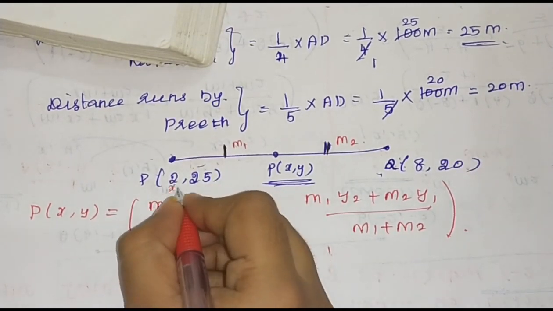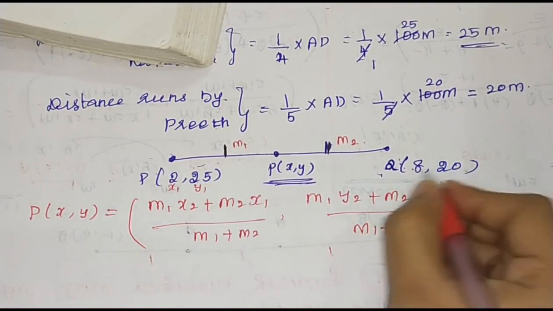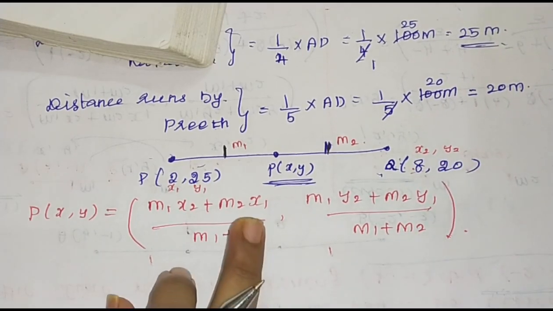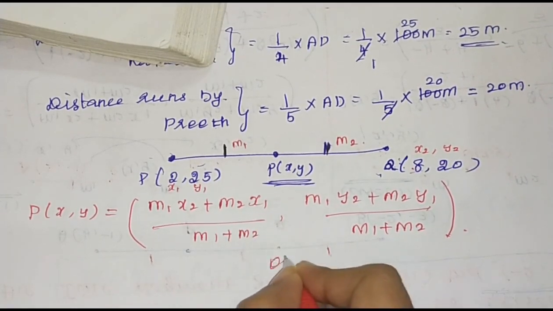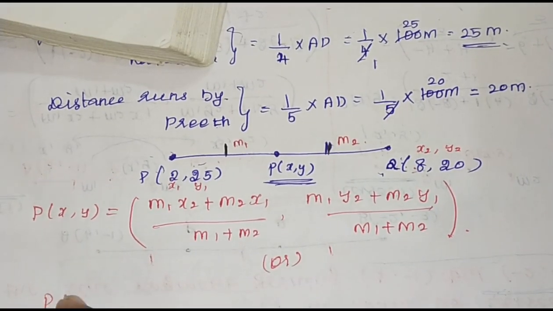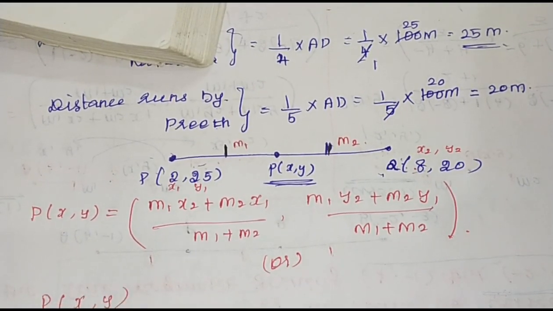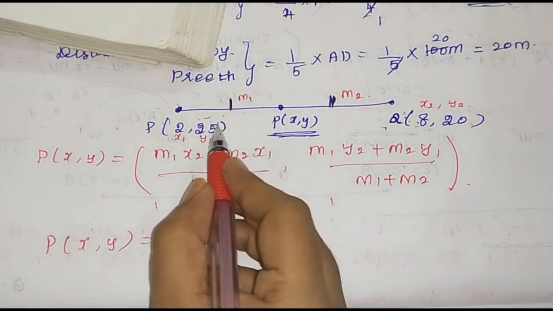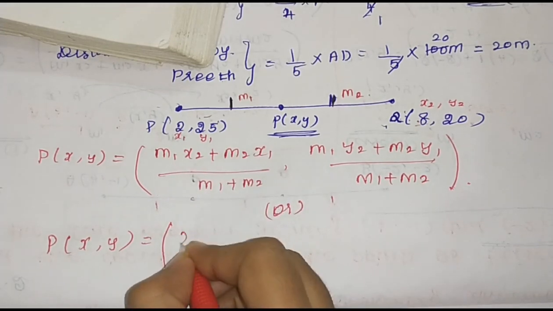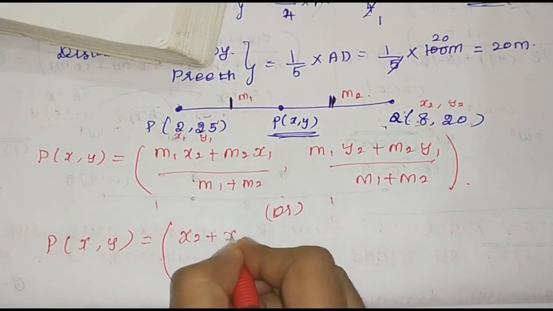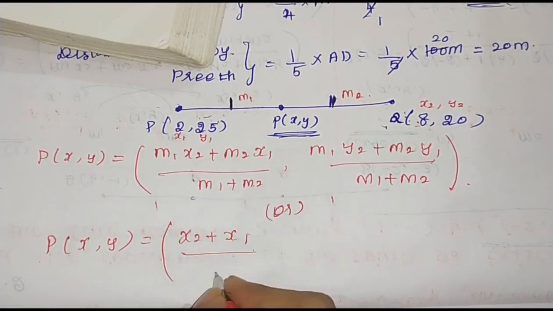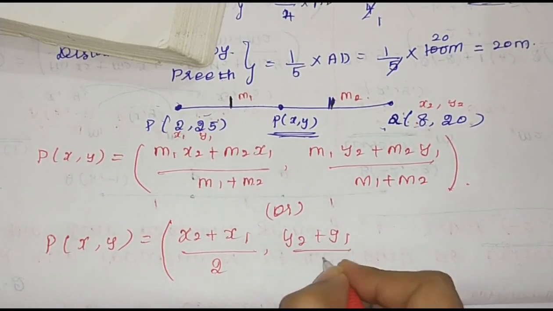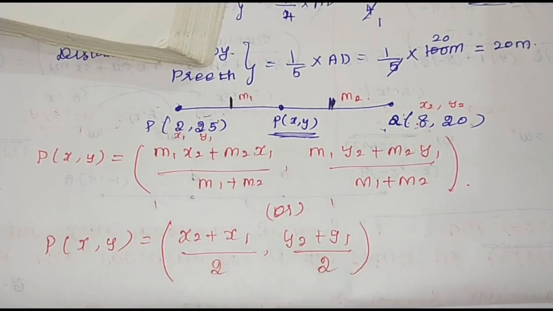This point we consider x1 comma y1, and this coordinate point x2 comma y2. Otherwise we can use the midpoint formula directly. What is the midpoint formula? m1 is 1 and m2 is 1, so the midpoint formula is x2 plus x1 divided by 2, comma, y2 plus y1 divided by 2.